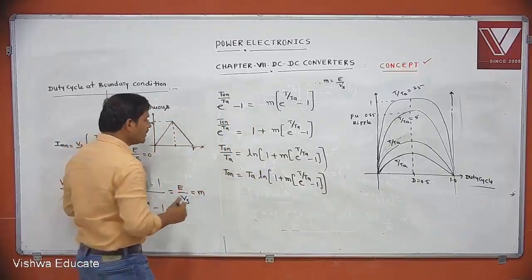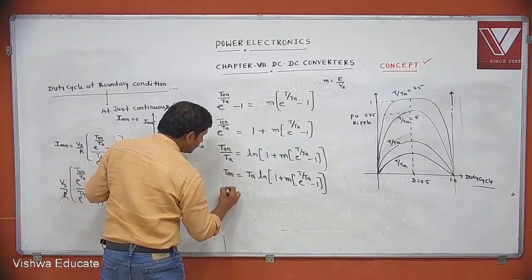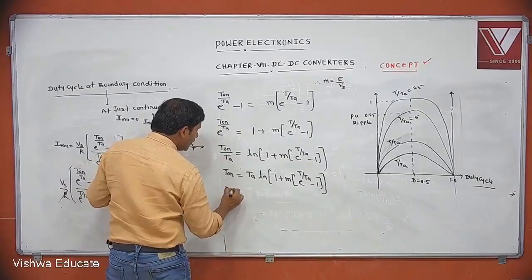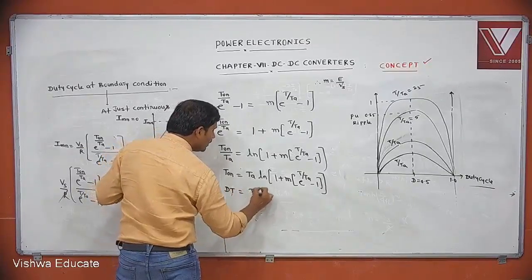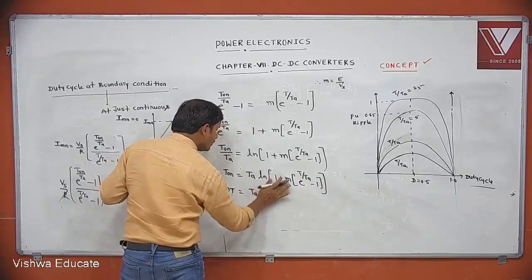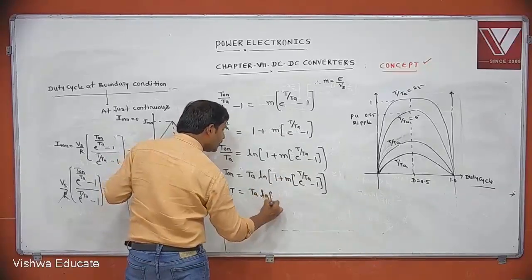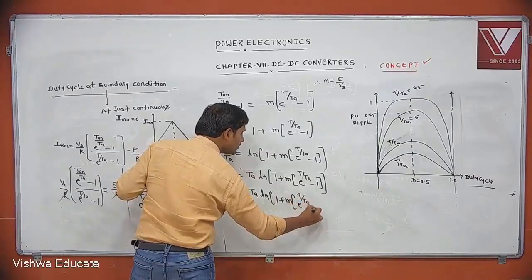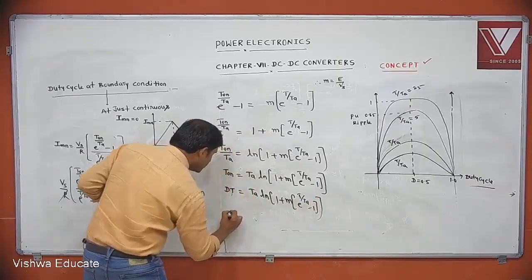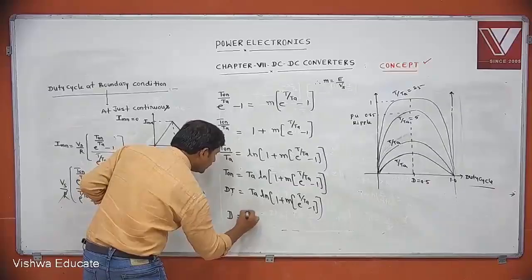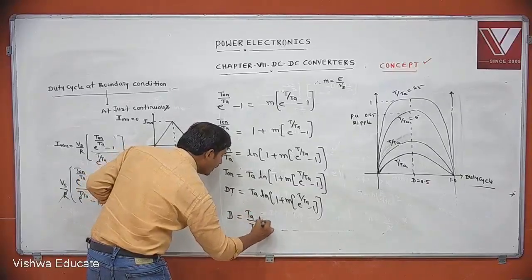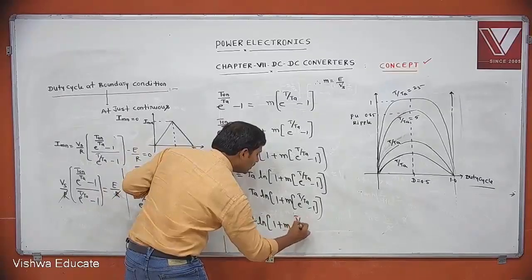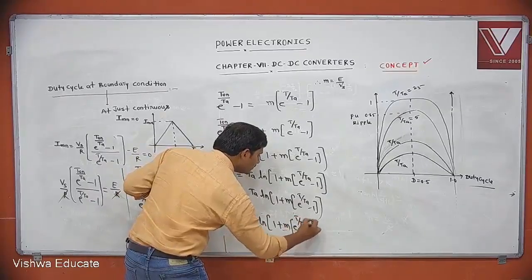Then T on is written as dT. So dT equal to Ta into ln of 1 plus M into (e power T by Ta minus 1). Then D equal to Ta by T into ln of 1 plus M into (e power T by Ta minus 1).